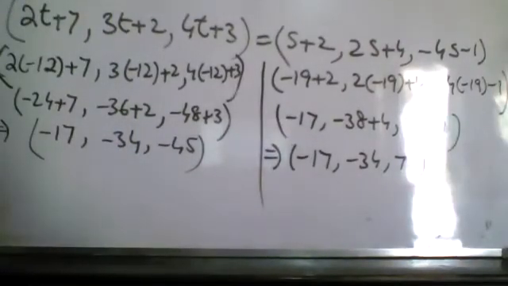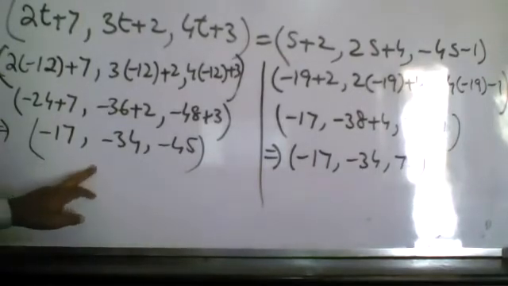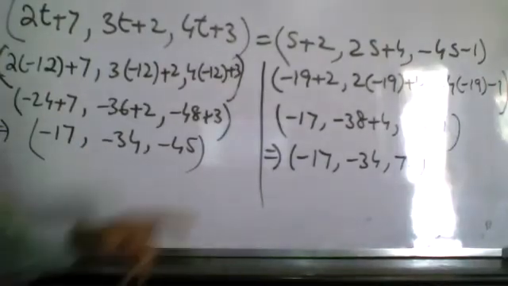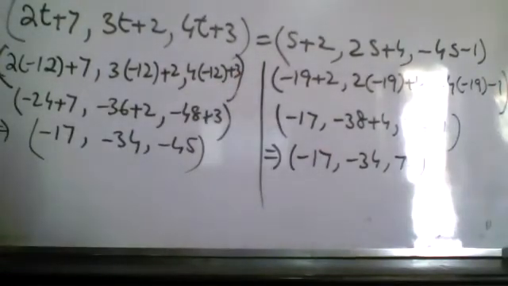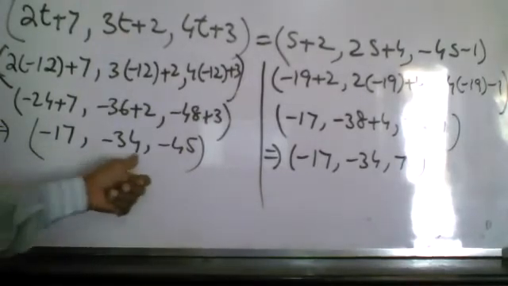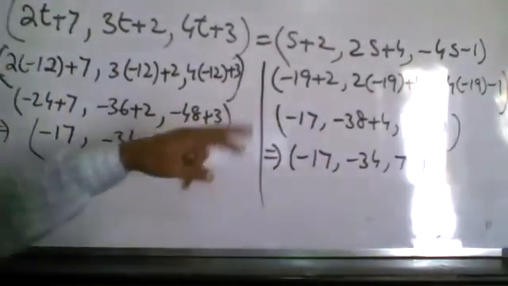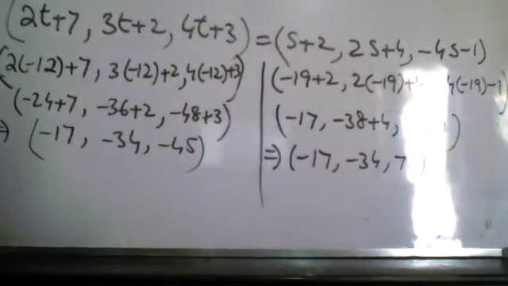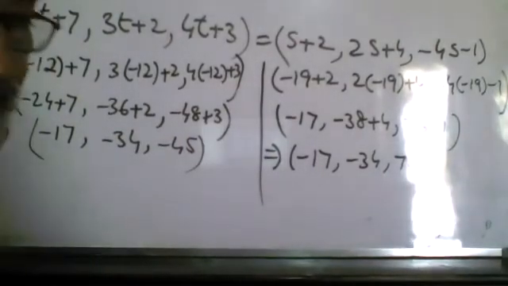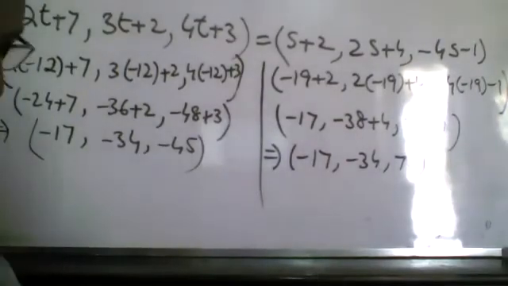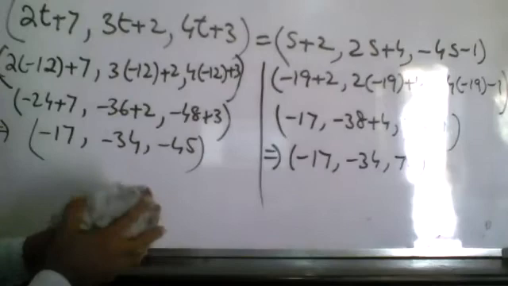So we may take any one of the two points. This one, we will take this one. There may be some mistake, therefore the third one is different. Otherwise, they all should be equal. There might be some mistake leading to the wrong third coordinate. If we do it carefully, we will get the same answer.